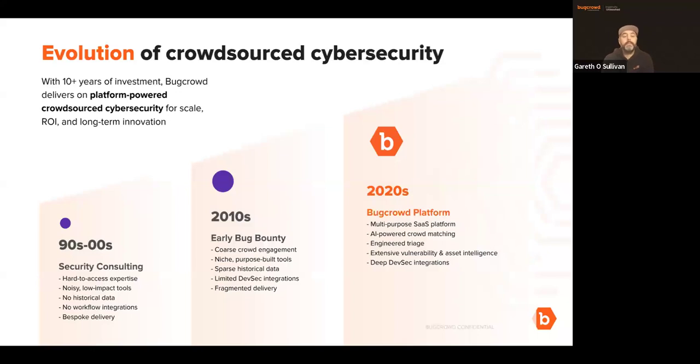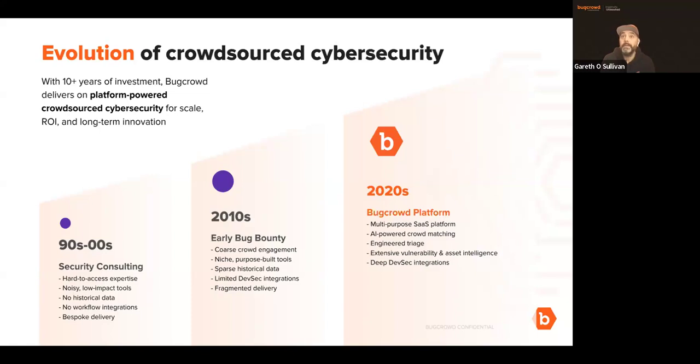We touched on this earlier, the evolution of crowdsourced cybersecurity. Bugcrowd have spent years of investment in building the platform that we talked about in the last slide. It's designed to enable us to deliver programs at scale.